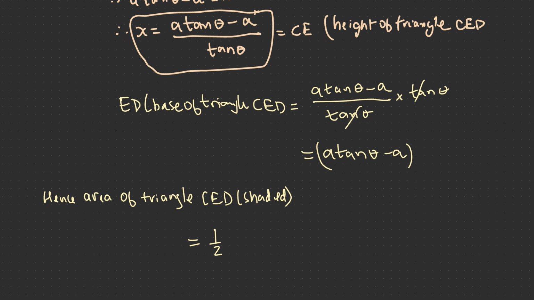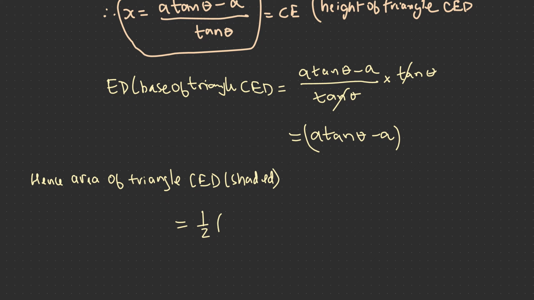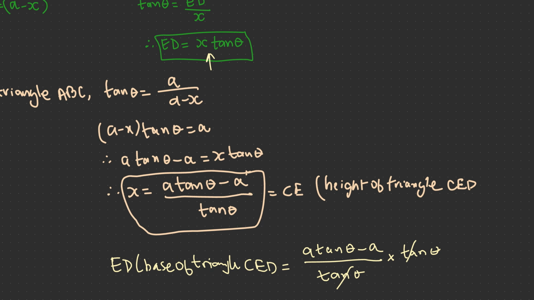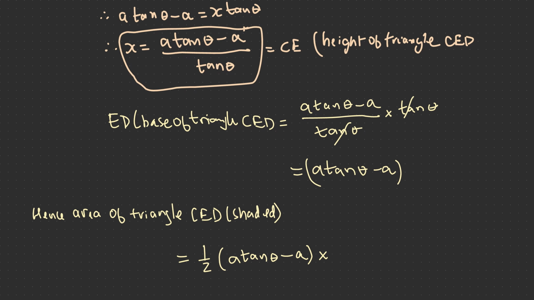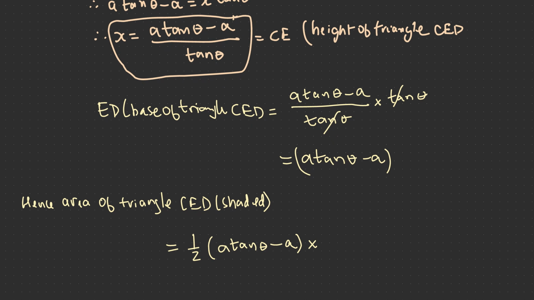So the base is A tan theta minus A times the height, which is here X. So that is A tan theta minus A over tan theta.